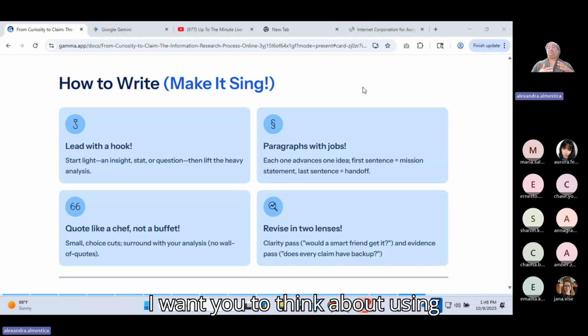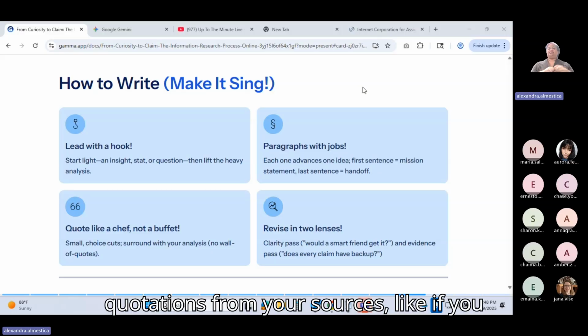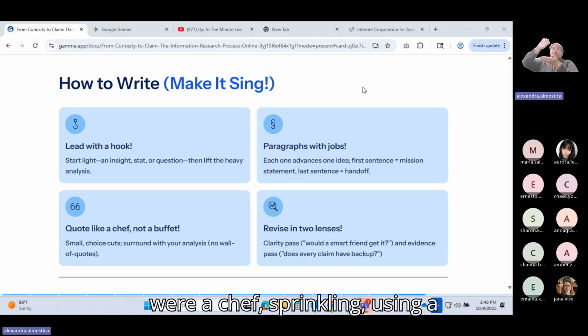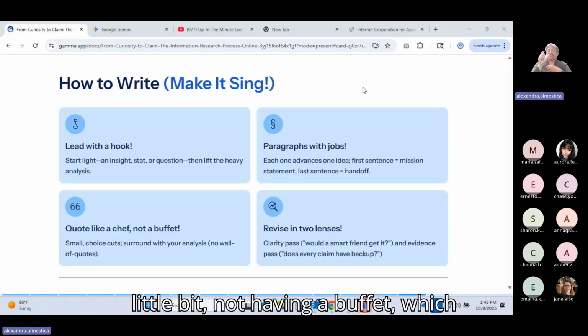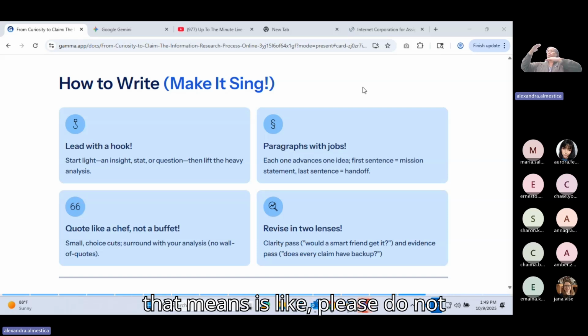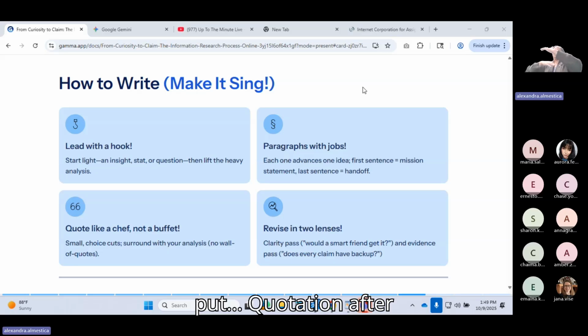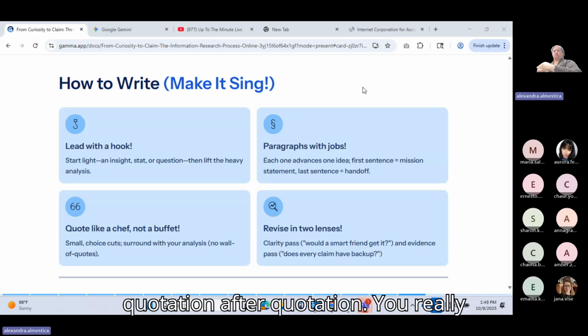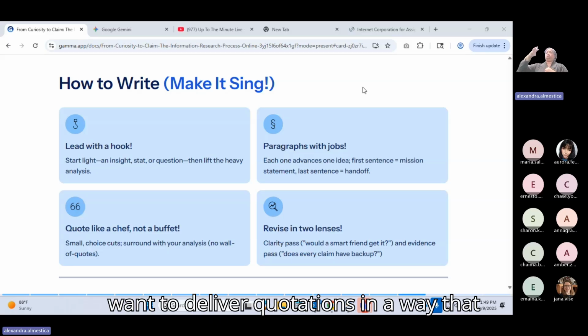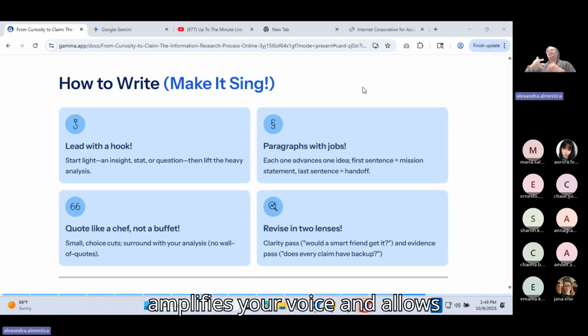I want you to think about using quotations from your sources like if you were a chef, sprinkling, using a little bit, not having a buffet, which means, please do not put quotation after quotation after quotation. You really want to deliver quotations in a way that amplifies your voice and allows you to elaborate on your topic while bringing your own critical thinking.